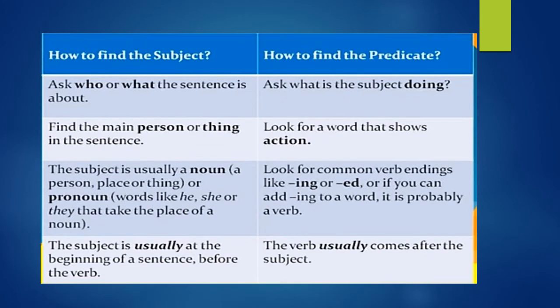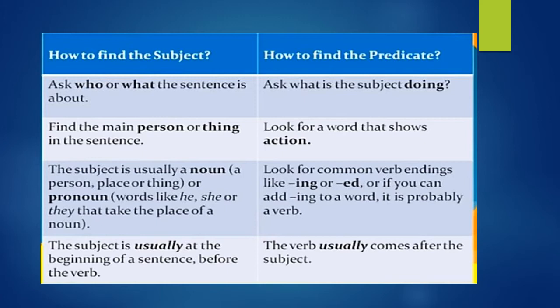See here. How to find out the subject and how to find the predicate. Let's learn. Ask who or what the sentence is all about. So it is known as the subject. And for predicate, ask what the subject is doing.